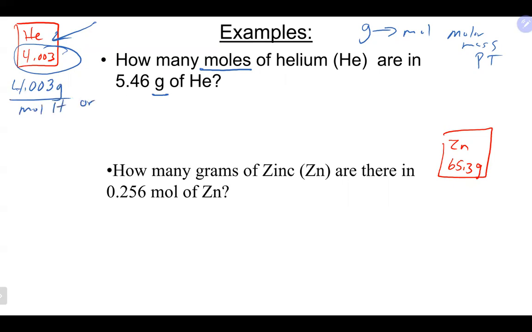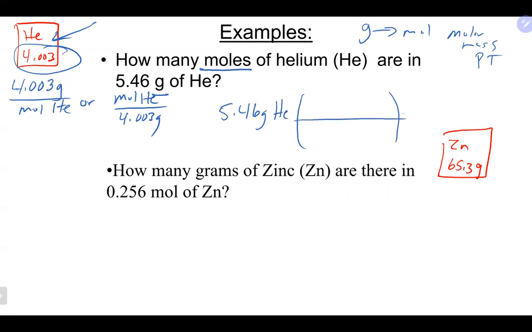Or again, we could flip it around and say a mole of helium is 4.003 grams. So we're going to start with our 5.46 grams of helium. Remember, we want to go opposite so they cancel, which means we want grams of helium on the bottom. So we would use the conversion factor like that. We would go moles of helium up on top.